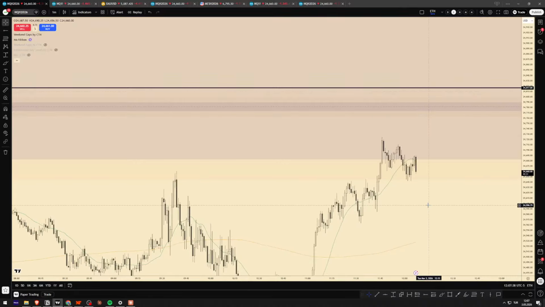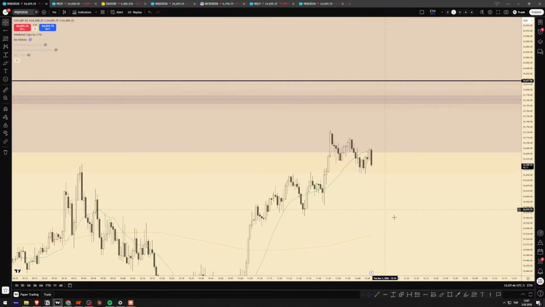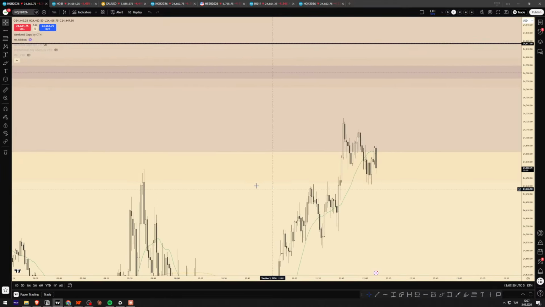And currently it's not just about the targets, it's also about the structure as well. I mean the structure about this high over here.